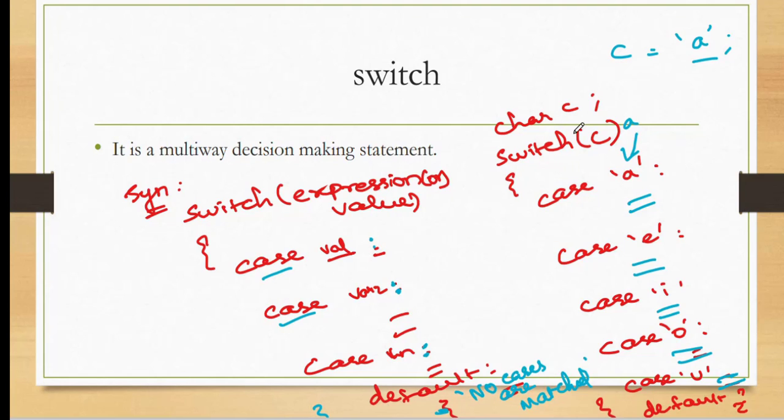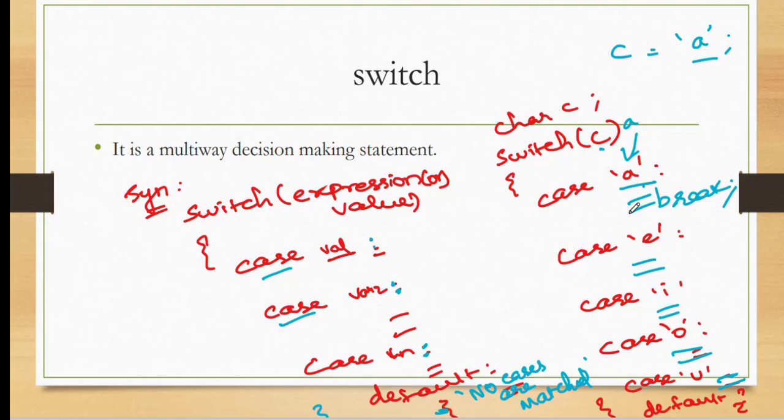If any one of the expressions matches the case label, that part is executed, and it also executes the cases below. To avoid this, if I want to execute only case A, it has to come out of the switch block. That means I have to give a break statement.